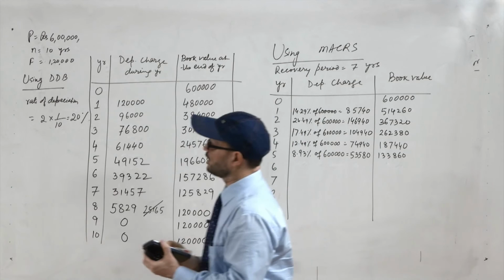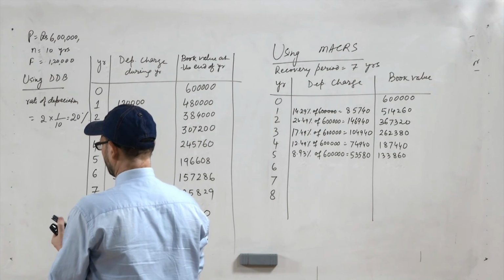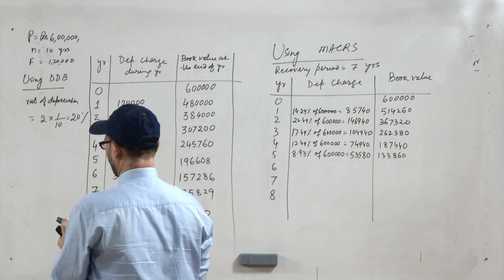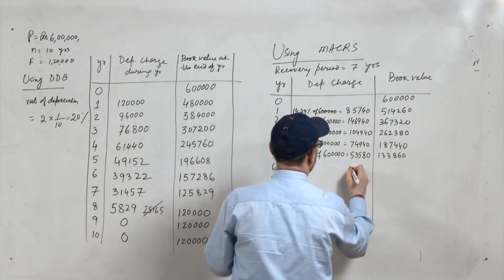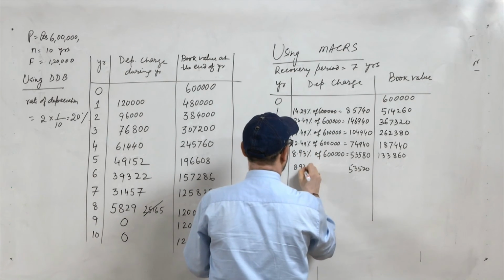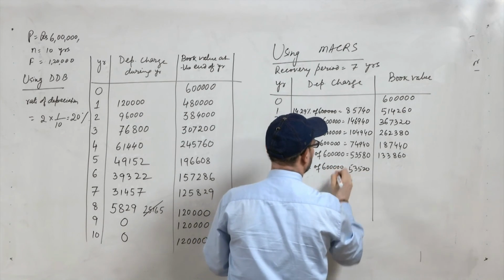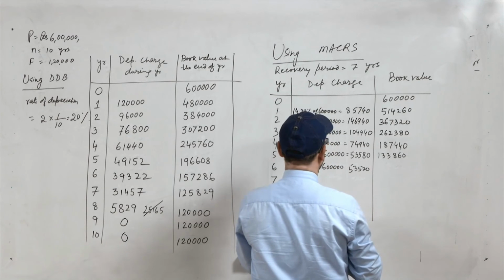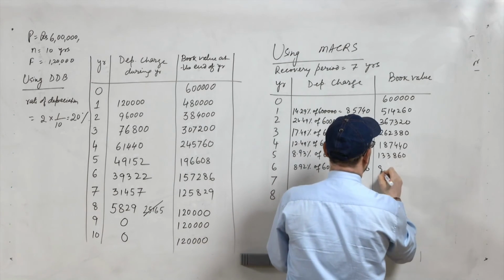From here there is switching occurring. So, 0.0892 multiplied by 6 lakh, this will be the amount 53,520. 8.92% of 6 lakh. So, 83,440.